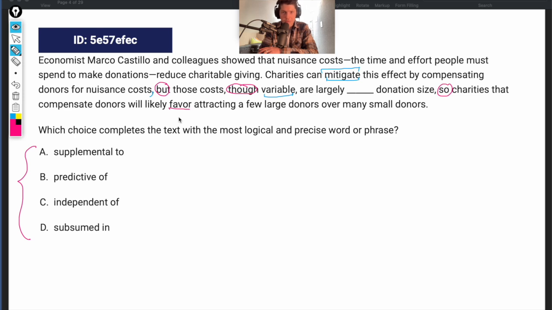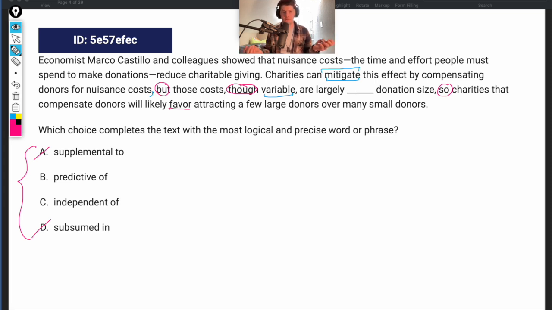Though variable would mean that they change. But though shows a contrast. So though variable, I'm going to get rid of supplemental and subsumed in. Why? I'm getting rid of supplemental because the fact that they vary and the fact that they're supplemental do not have any sort of contrast.